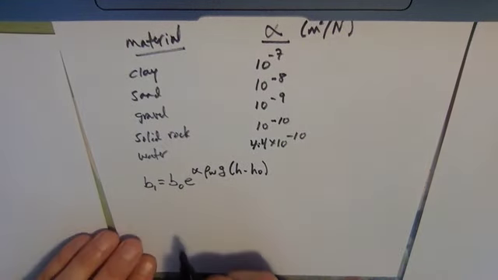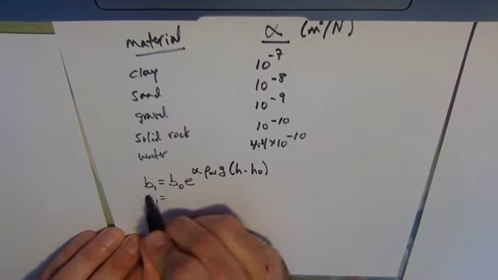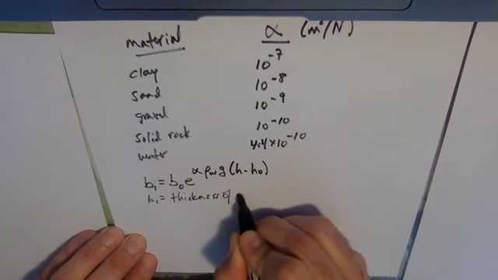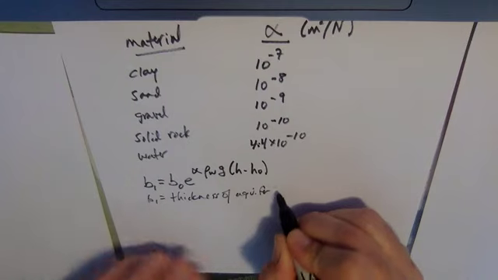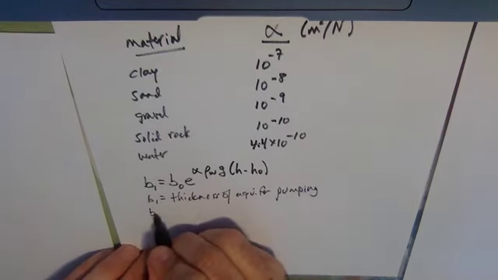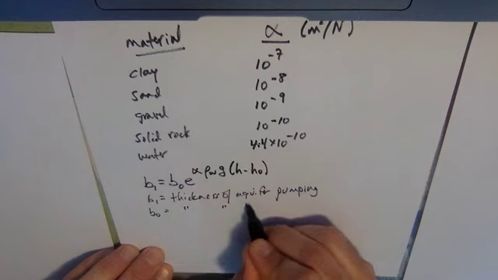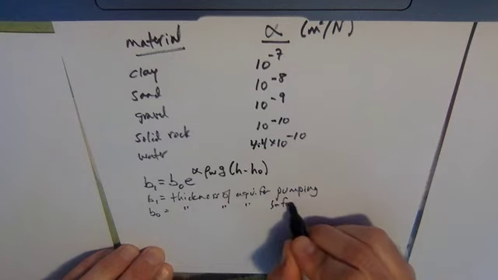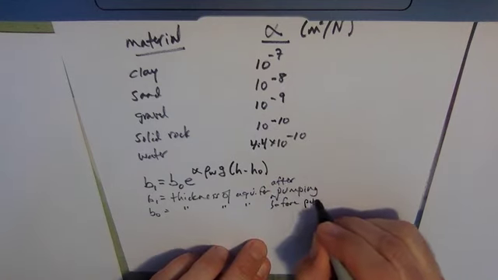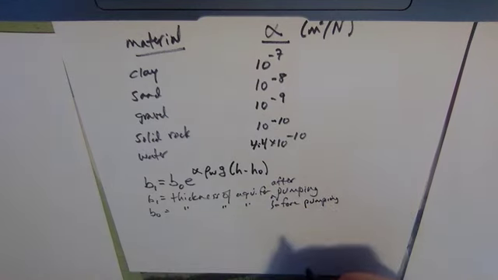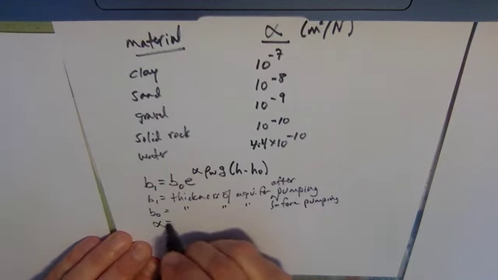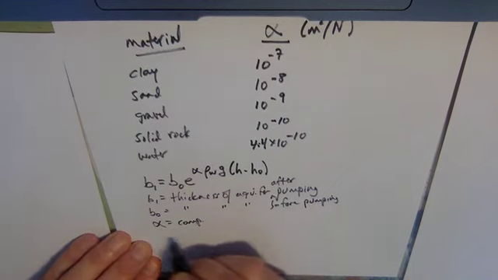Okay, so what do these all mean? So b1 is the thickness of the aquifer after pumping the water out. b naught is the thickness of the aquifer before pumping. e is just the natural log function. Alpha is the compressibility, which we already defined.